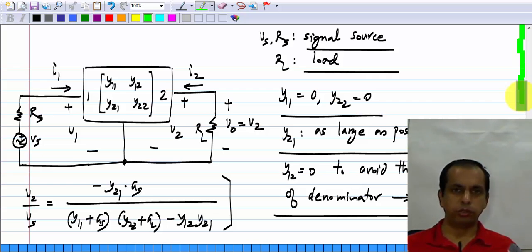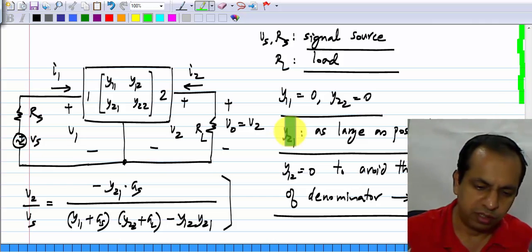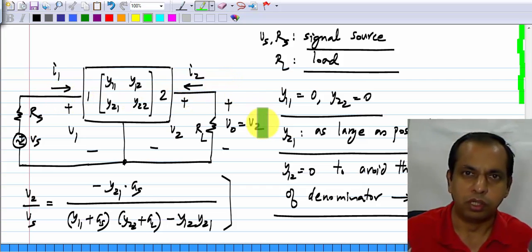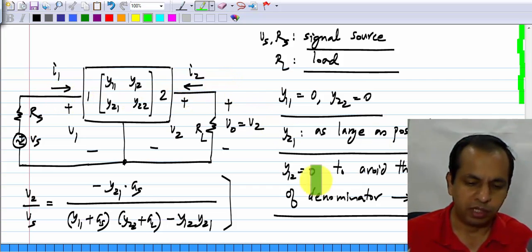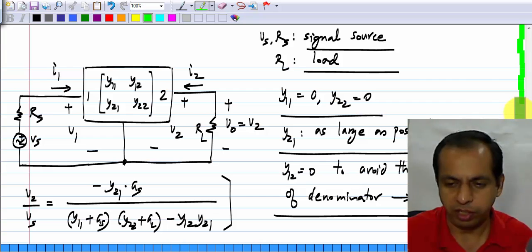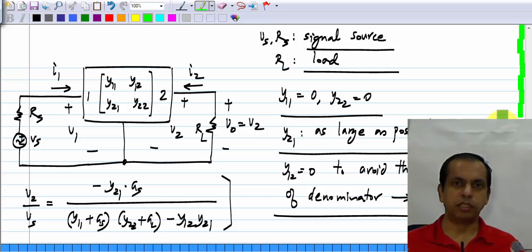By the way, you can also use other parameters, that is, if your nonlinear device happens to have voltages described as a function of currents, then you can derive the corresponding small signal parameters, which are Z parameters, and evaluate similar constraints, and you will come to similar conclusions. That is, that the forward parameter, this y21, what is y21? It is the effect of port 1 on port 2, that should be as large as possible, and the feedback parameter y12, that is effect of port 2 on port 1, should be as small as possible.